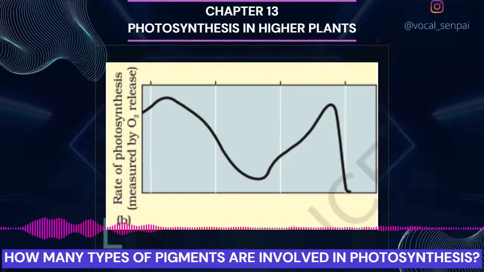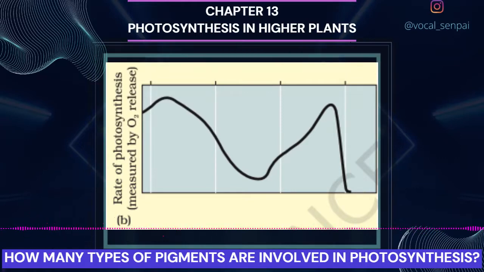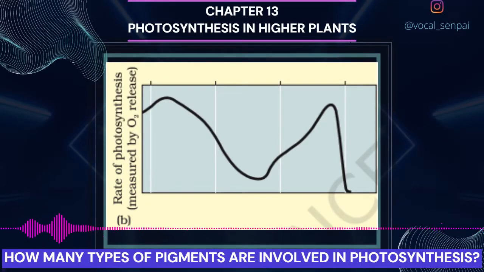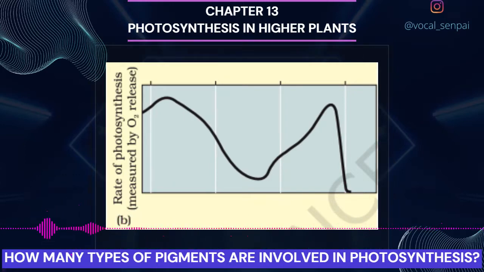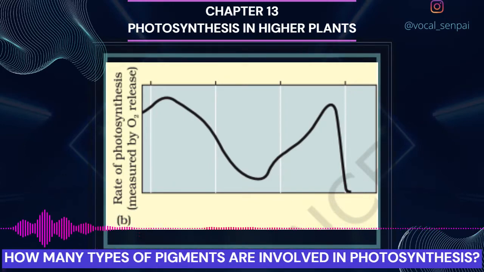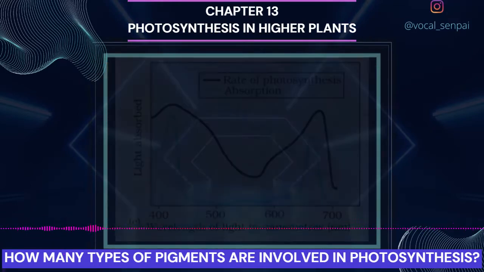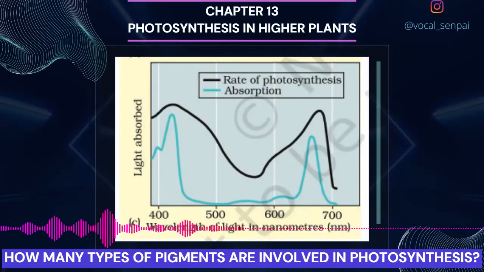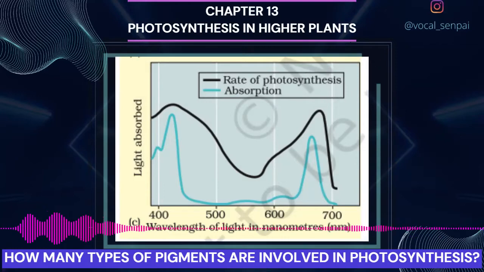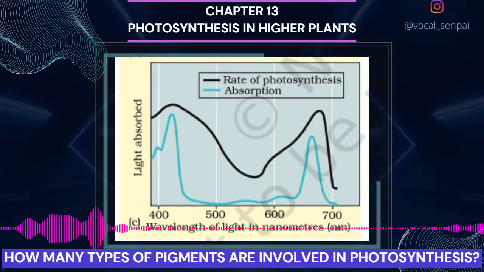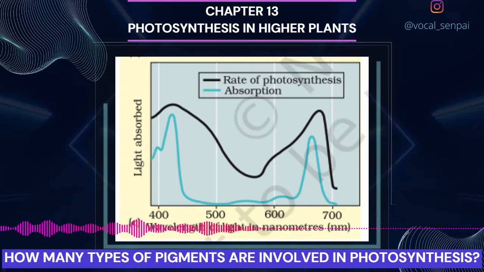Hence, we can conclude that chlorophyll A is the chief pigment associated with photosynthesis. But by looking at figure 13.3c, can you say that there is a complete one-to-one overlap between the absorption spectrum of chlorophyll A and the action spectrum of photosynthesis? These graphs, together, show that most of the photosynthesis takes place in the blue and red regions of the spectrum.